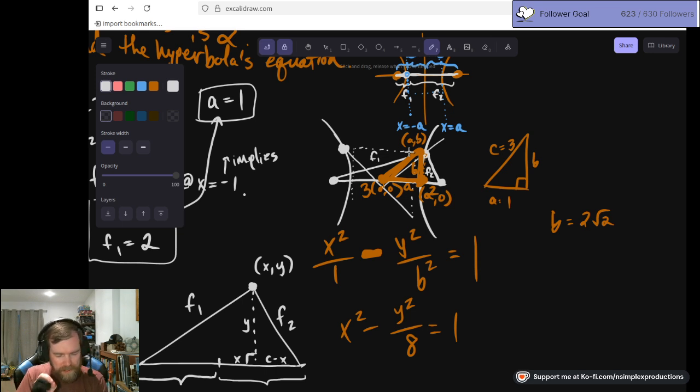So this will make a right triangle. But why is that true? There must be some sort of trig reason, right?